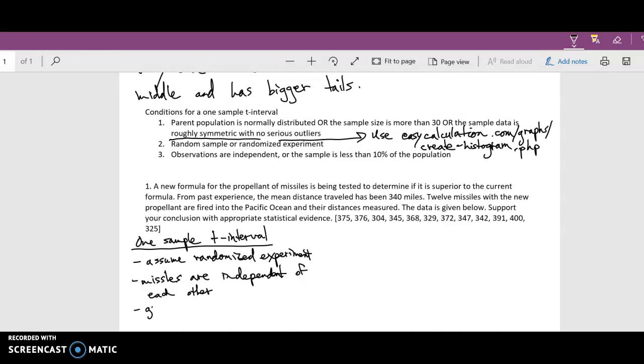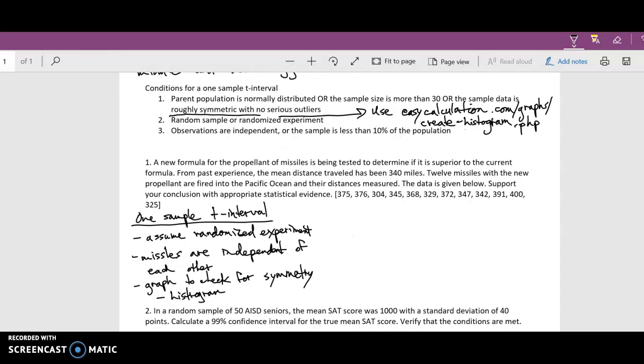And then we're going to graph to check for symmetry. We're going to find that the histogram, I want to show you how I know this stuff, the histogram was roughly symmetric with no outliers.